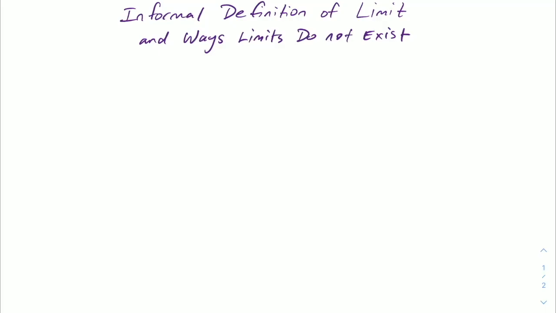All right, so in this video we're going to talk about the informal definition of a limit and the ways limits don't exist. So we'll start with our definition of a limit.